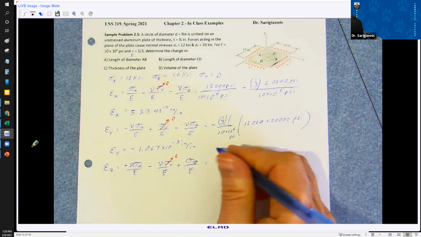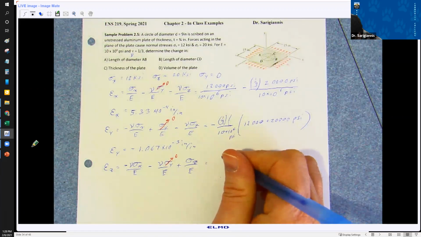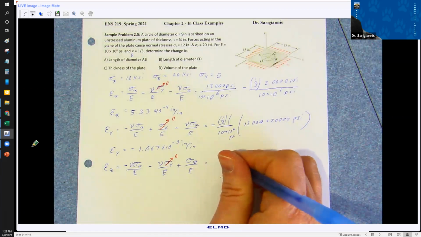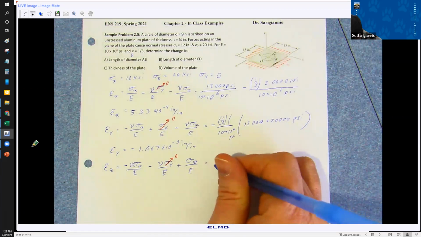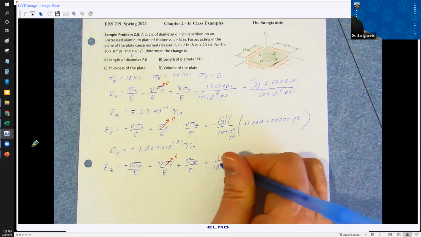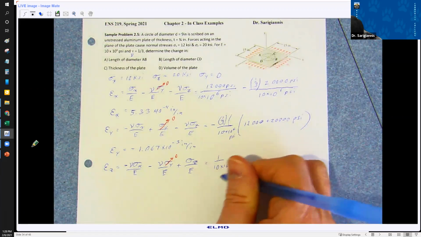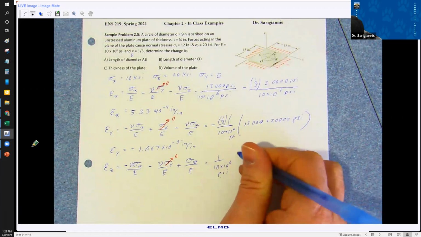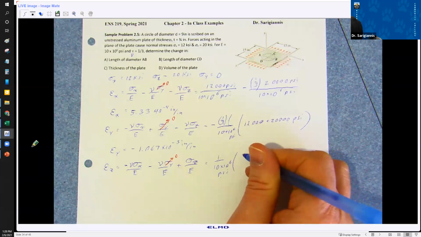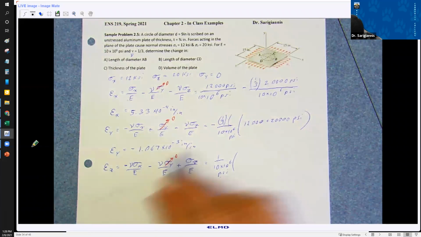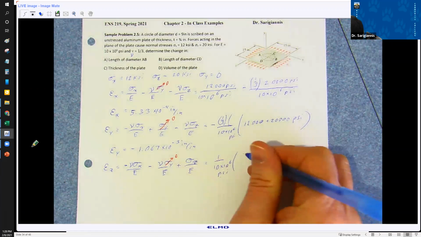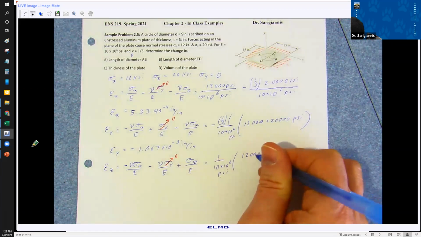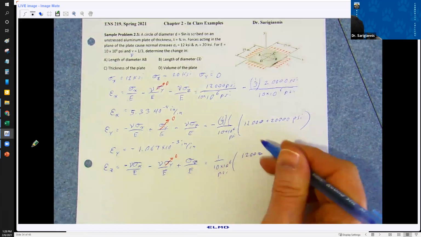So here we have, I'm just going to still cheat, 1 over 10 times 10 to the 6th psi, so I don't have to write this thing twice. Sigma X is 12,000. What do I have? I got a minus and a plus.